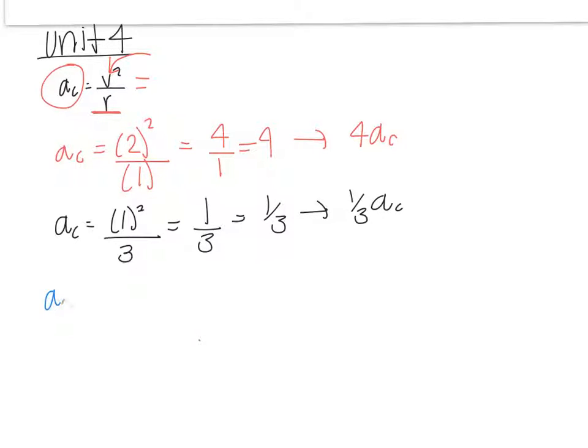Last but not least, what happens to a_c if r is 1/2 as much? Not concerned about v. Put 1/2 down here. 1 squared is 1 over 1/2. 1 divided by 1/2 is equal to 2 a_c.